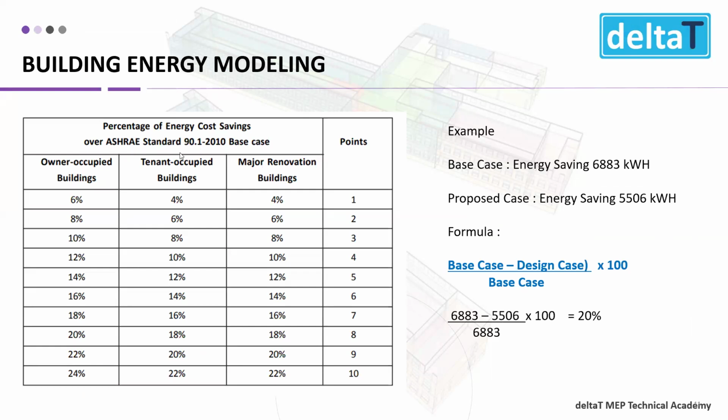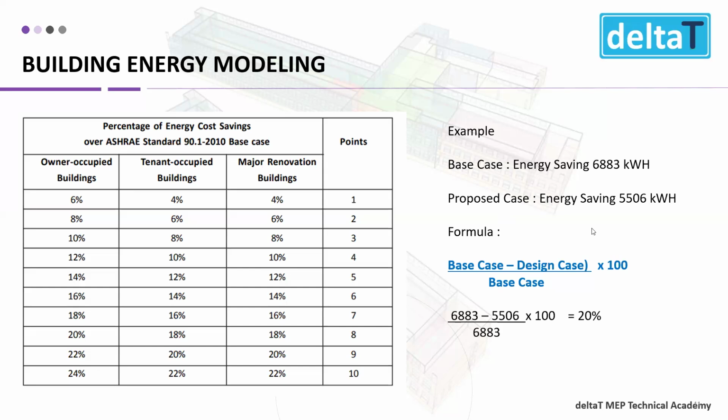Based on this standard, for example, I design energy consumption of 6833 kilowatt hours in a year. I have done the complete energy calculation and got this answer. After this, I implement some innovation, which we will learn again in a few minutes. For the proposed case, I got 5506 kilowatt hours.